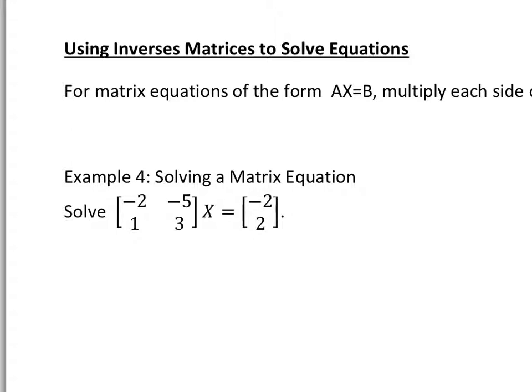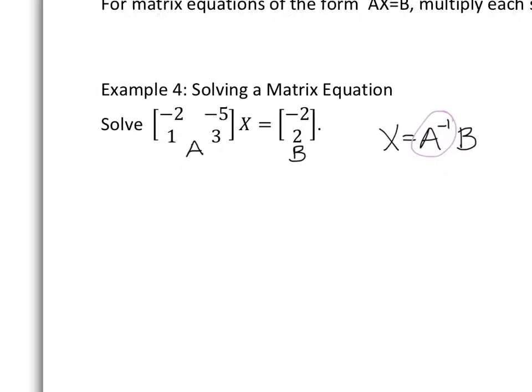So let's label this matrix A and this one B, just so we have something to reference. We have B already, but we need to get A inverse. So that's our goal here to start out with.